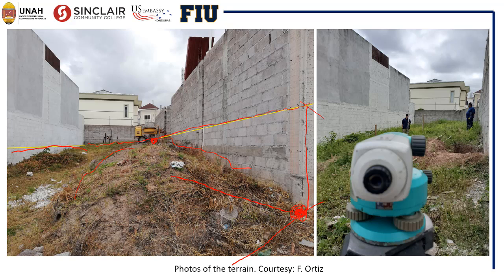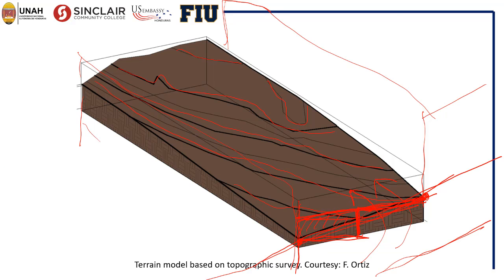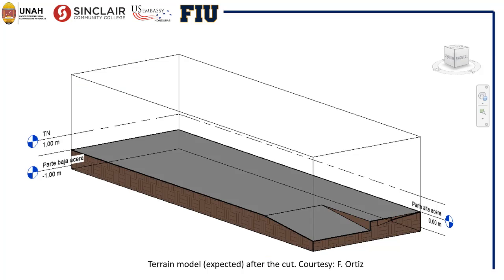If we project this line until the back of the terrain, we'll realize that we have to do some work of cuts on this soil before we start the construction. And this is the before, and this is the desired level after.